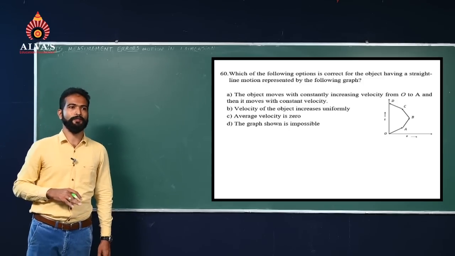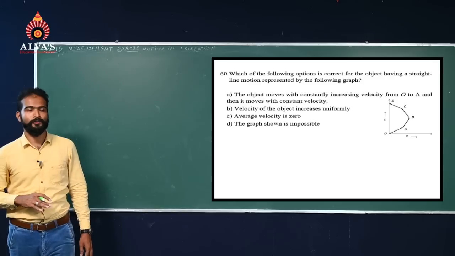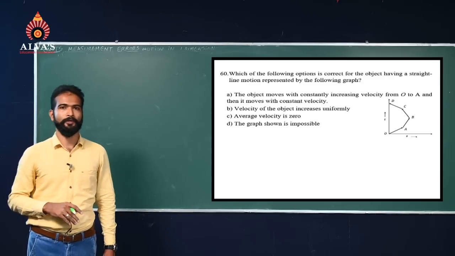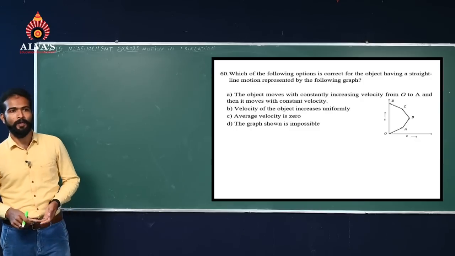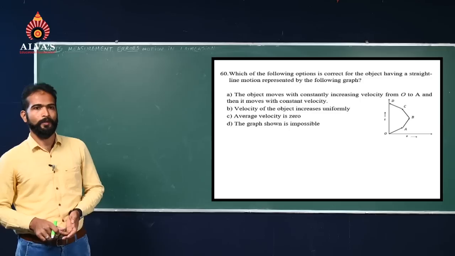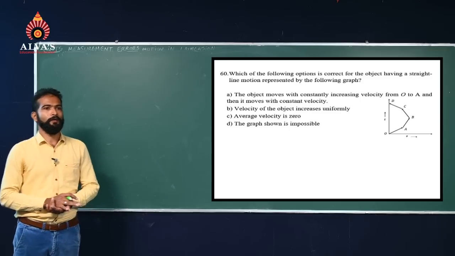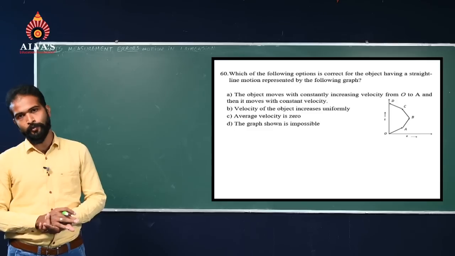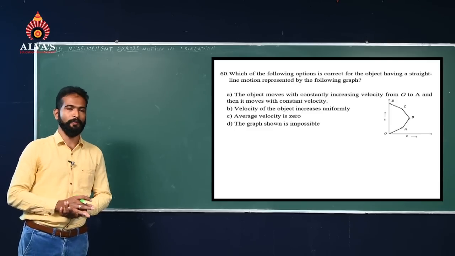Look at the fourth option. It says graph shown is impossible. The graph shown is possible. So option D is wrong. Look at option C. It says average velocity is 0. So if average velocity has to be 0, then the distance travelled between initial position and final position must be 0, or the displacement must be 0.